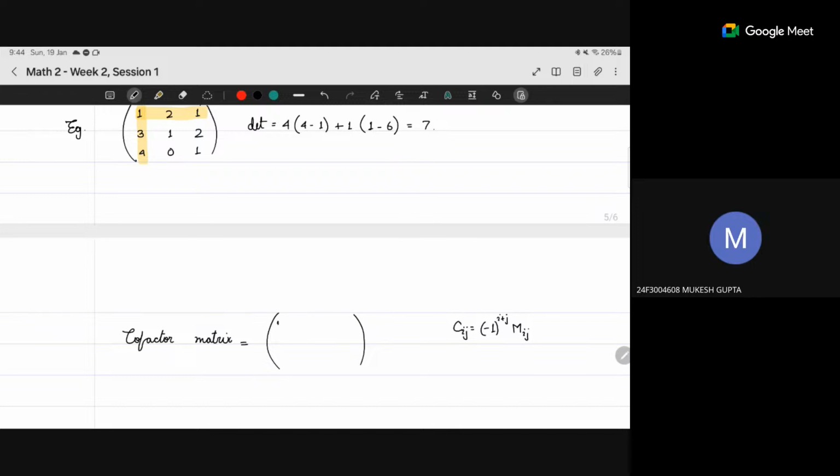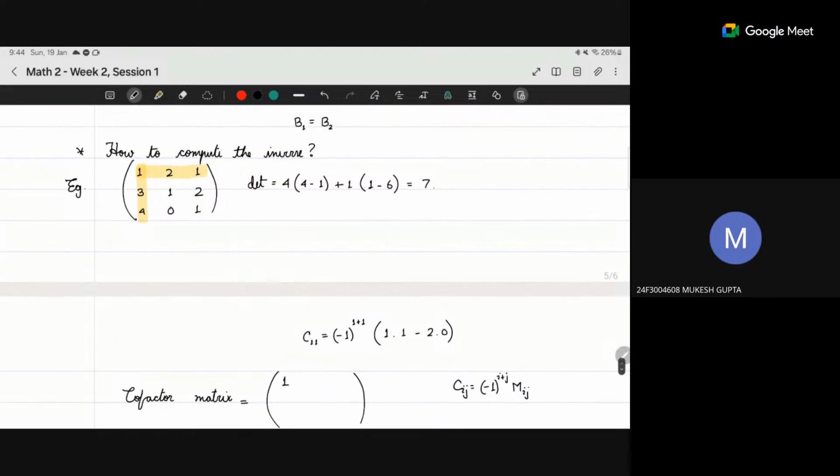Just for clarity, I'll write C11 as minus 1 to the power 1 plus 1, times 1 into 1 minus 2 into 0. This is the definition of Cij. Minus 1 to the power 1 plus 1 is just plus 1, and this is 1 minus 0, which is 1.